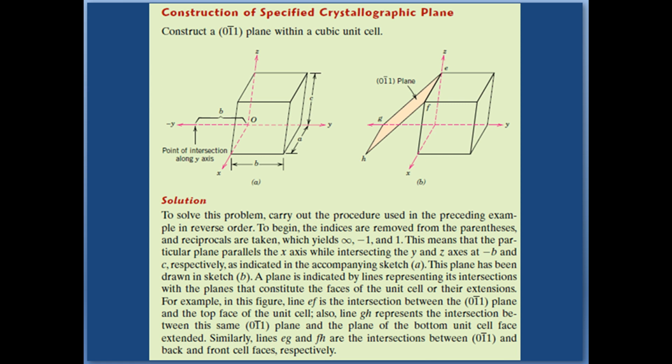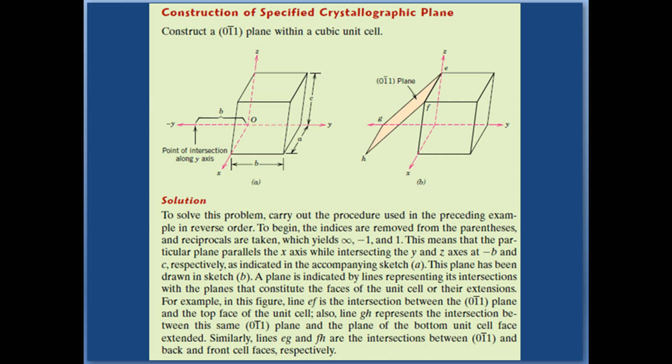A plane is indicated by lines representing its intersections with the planes that constitute the face of the unit cell or their extensions. For example, in this figure, the line EF is the intersection between the 0, 1 bar, 1 plane and the top face of the unit cell. Also, line GH represents the intersection between this same 0, 1 bar, 1 plane and the plane of the bottom unit cell face extended.